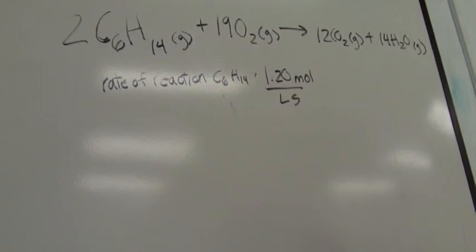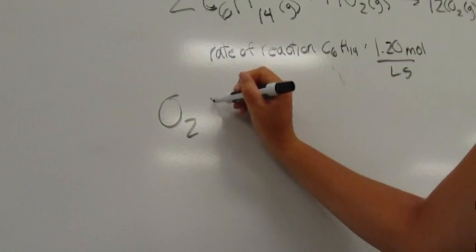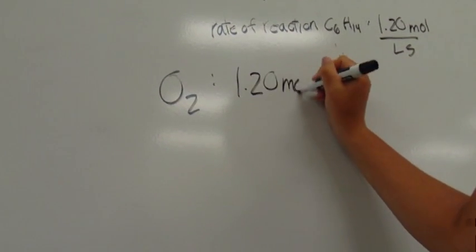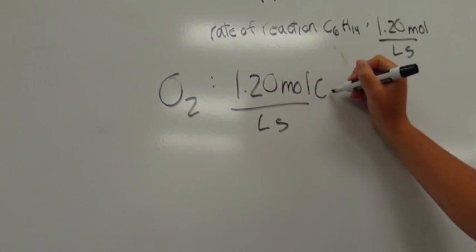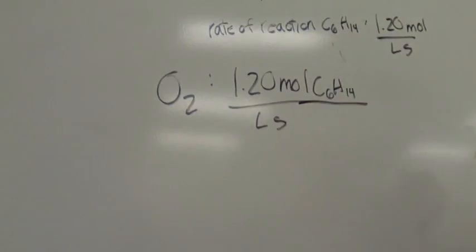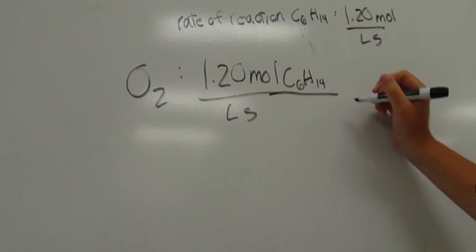So for instance, for oxygen, we'll use what they give us, 1.2 moles per liter per second. And this is for hexane, and just a dimensional analysis.